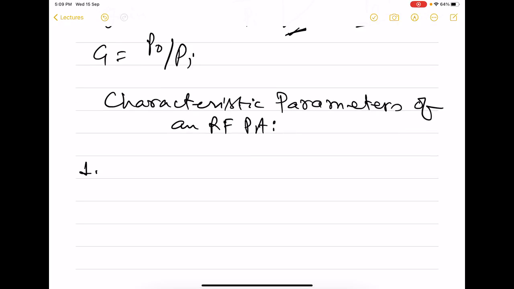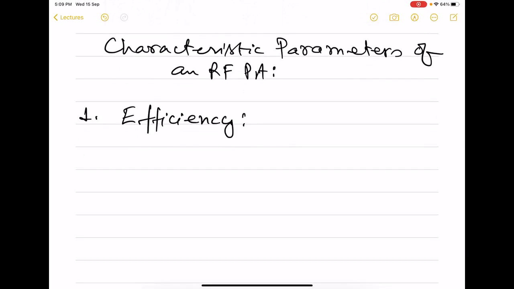So the first parameter that we will list and talk about is efficiency. So efficiency here is defined in two different ways.